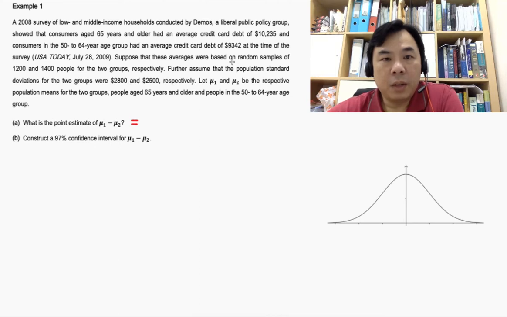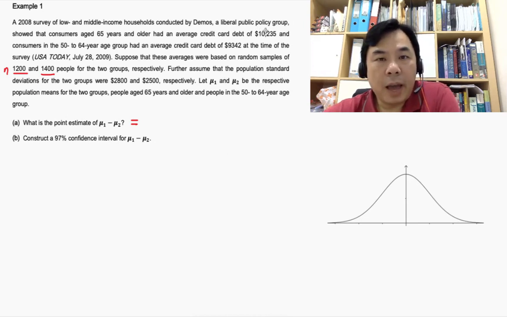Okay, I'm going to highlight there. This one is the sample size, and this one will be the average for citizens aged 65 and above, and the other average will be for 50 to 64.